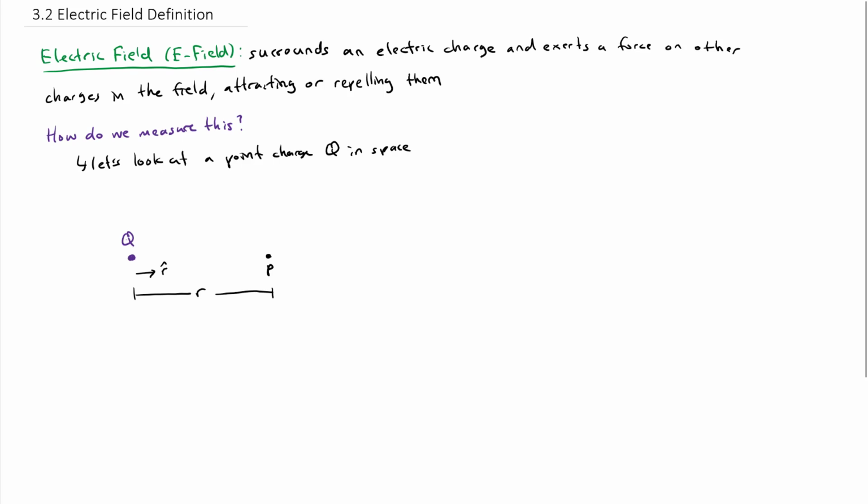And now we want to bring in a positive test charge q at point P. So I'm going to turn point P into red to represent a positive point charge q.